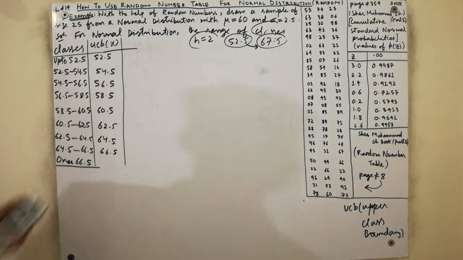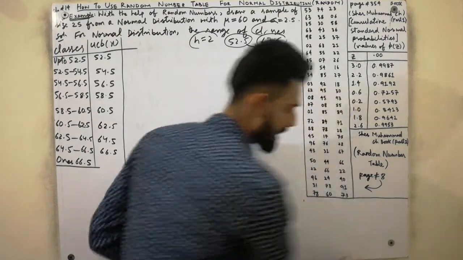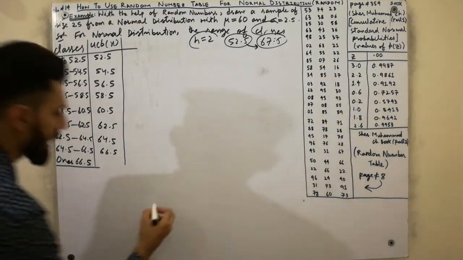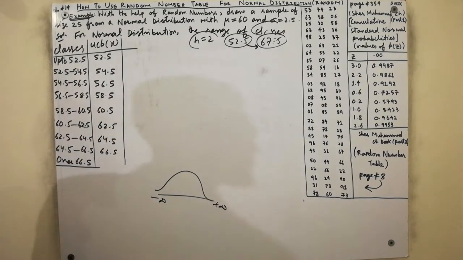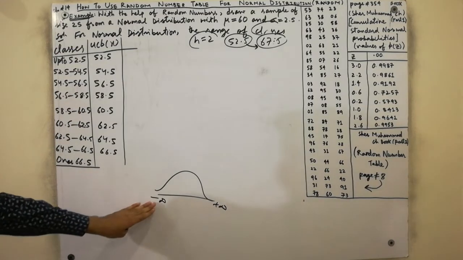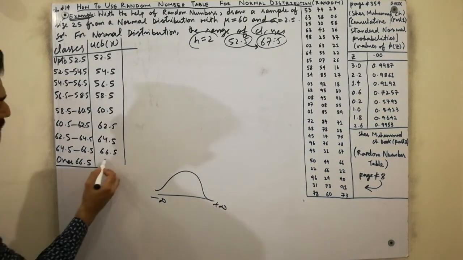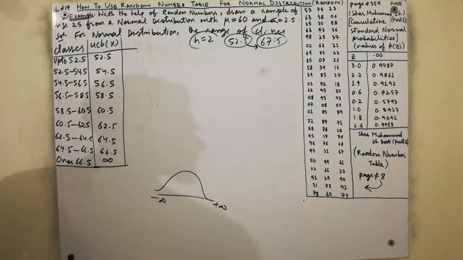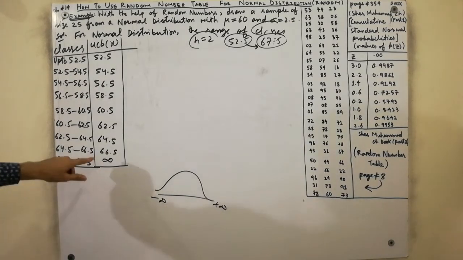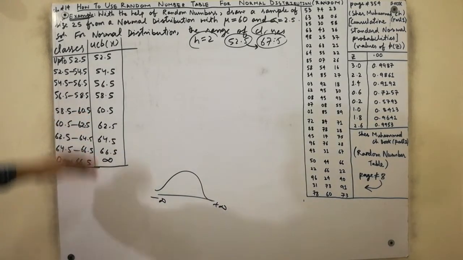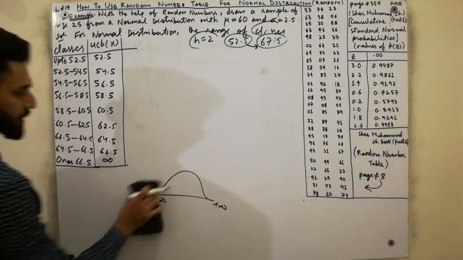As you know, a normal distribution has a range from minus infinity to plus infinity, so the last interval will be up to plus infinity. Is that clear?